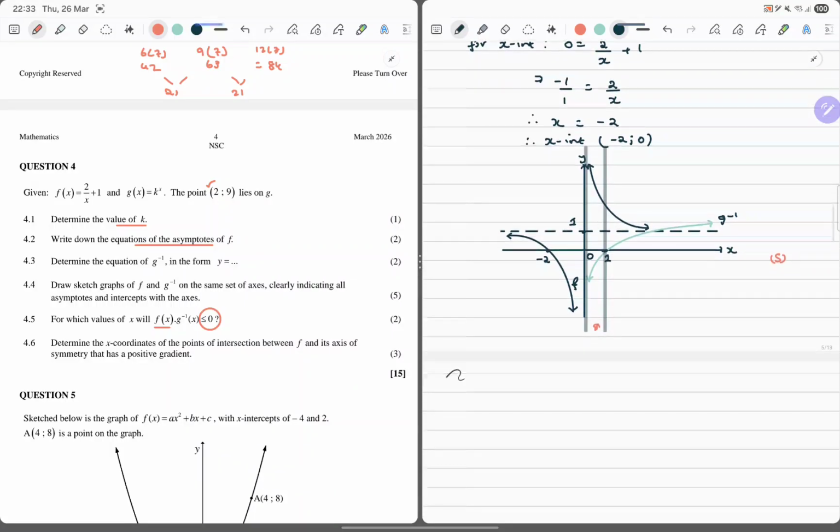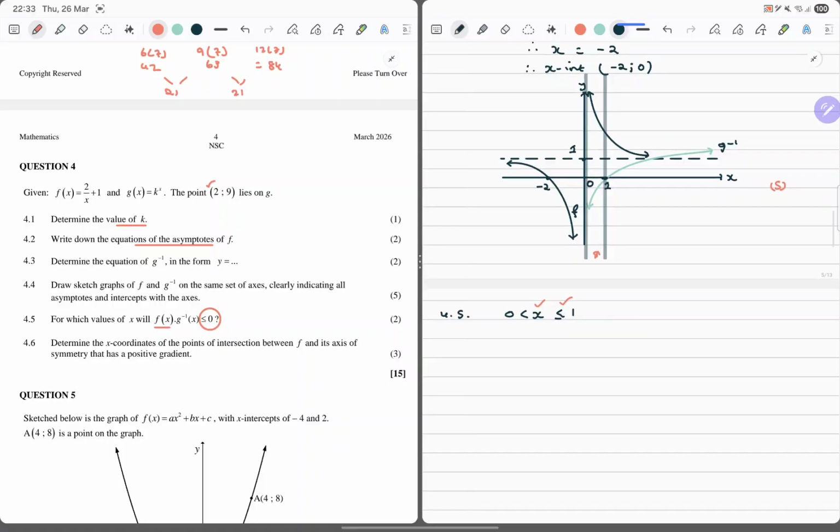Okay, good. So let's go for it. So 4.5. We know that x must be less than 1. In fact, it can be equal to 1, but it has to be greater than 0. Nice and easy. We get a mark for that. Okay, correct inequalities versus correct values.